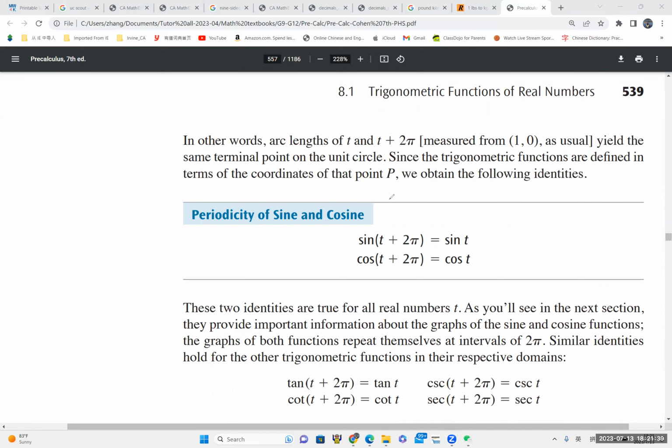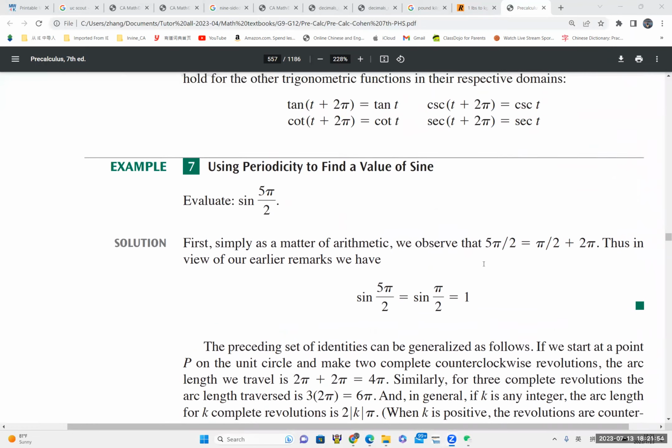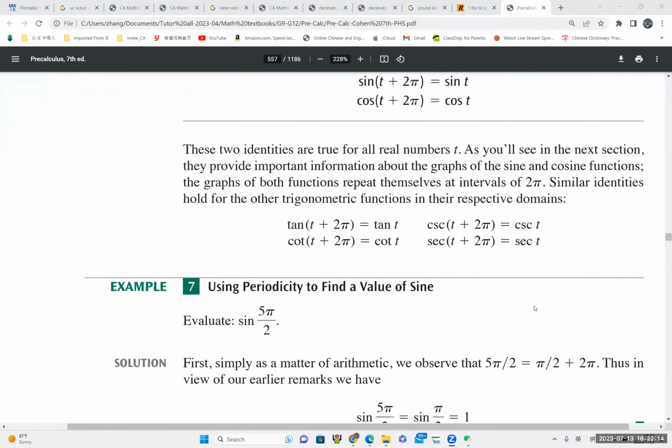So they have the same sine and cosine, and also the same others like tangent. Okay, the final rule. If t plus 2k pi, then they have the same sine value and the same cosine value. This we call periodicity.